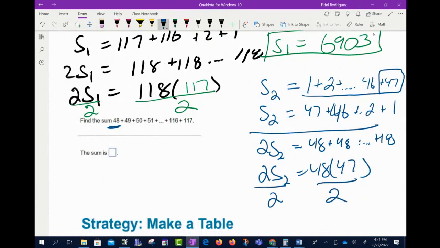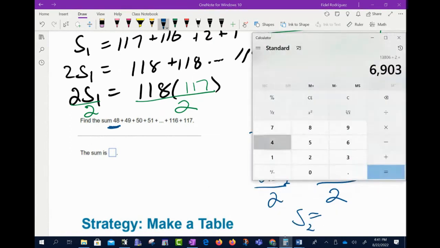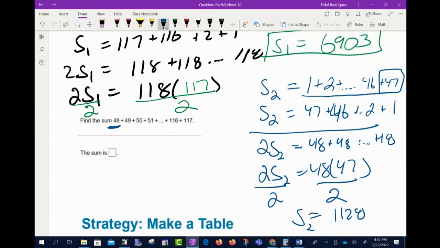So to find the sum, I would just divide it by 2. I would take my calculator again and say, what's 48 times 47, and divide it by 2. I'd come up with 1128. Then I could say that if I wanted to find this sum, I could take all the numbers from 1 through 117 and subtract off the 1 through 47, and that will leave me with the 48 through 117.